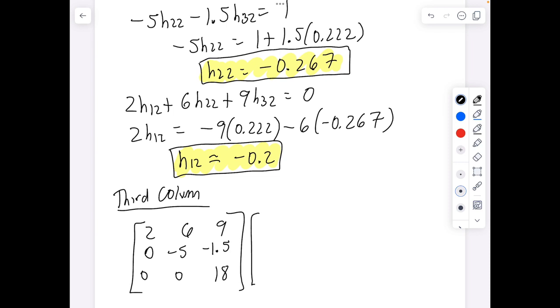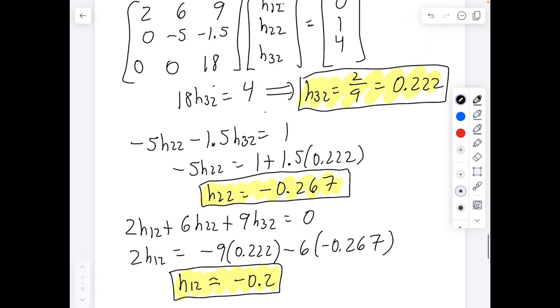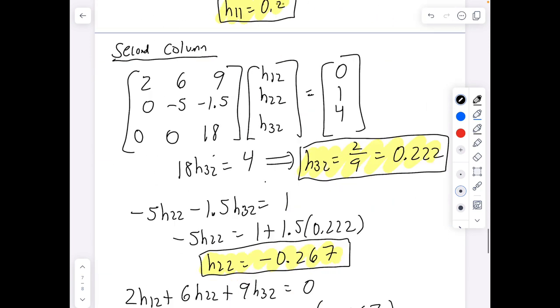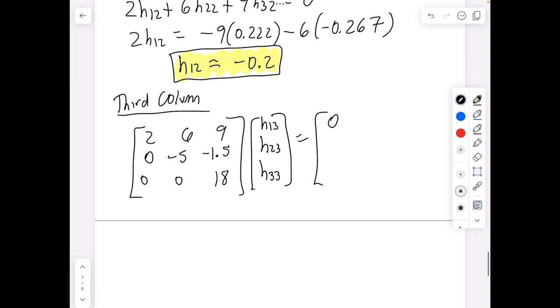This time we'll multiply by column 3, not Z, H. And that should give us the third column of Z, which is 0, 0, 1, which will hopefully make our lives a little bit easier. 0, 0, 1.